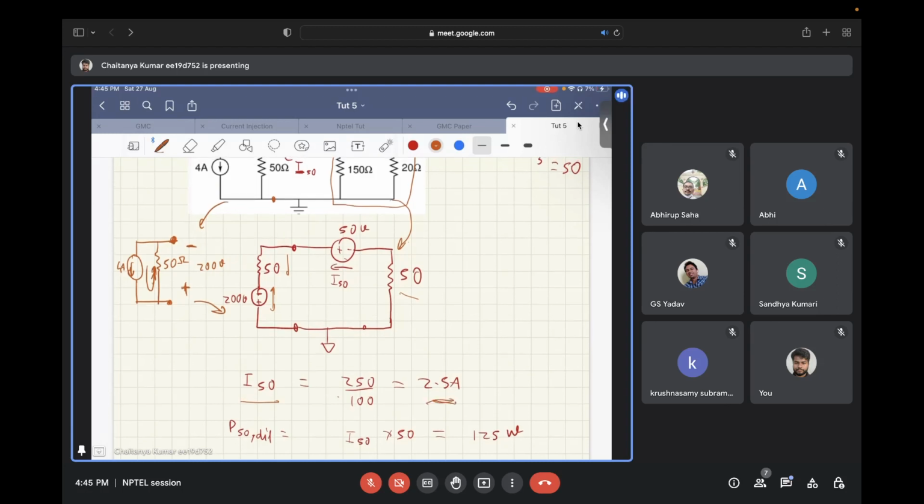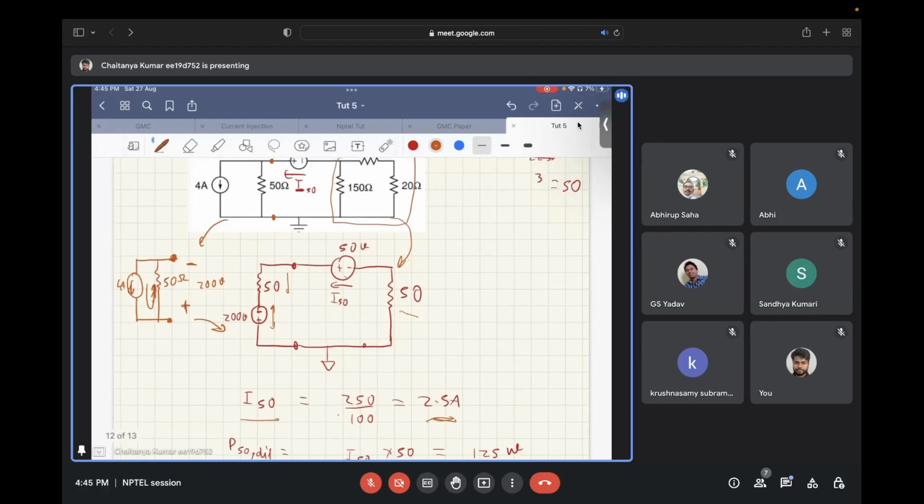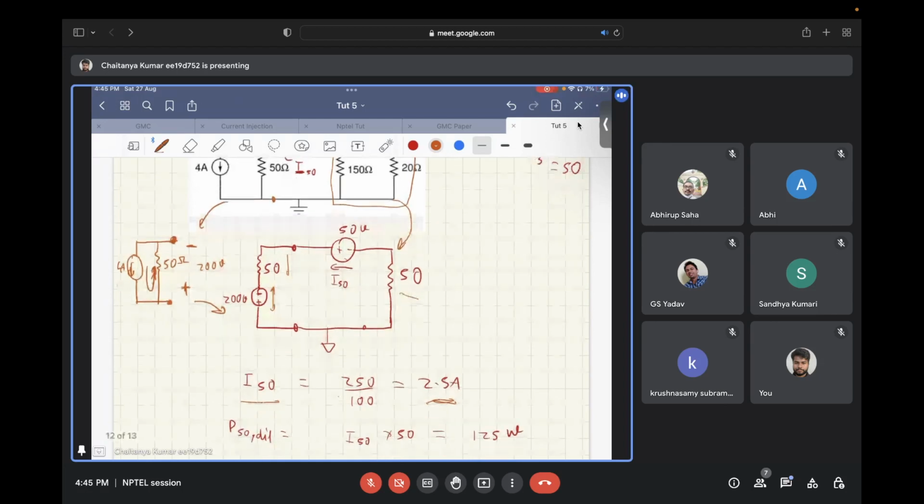Since it's flowing from the positive terminal of this voltage source, it is actually delivering power. So the power delivered by this 50-volt voltage source is 50 into the current, that comes out to be 125 watts. Any doubt in this?